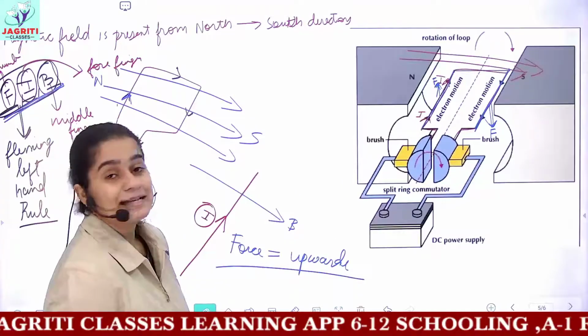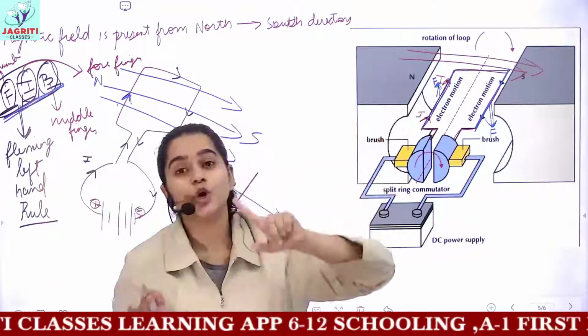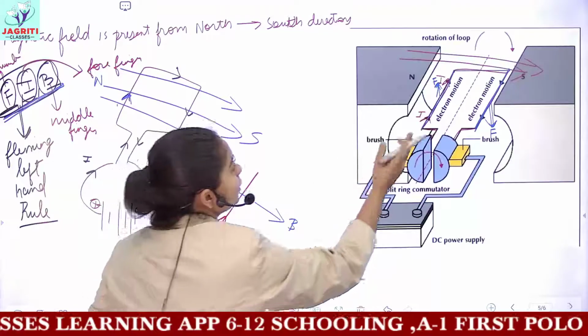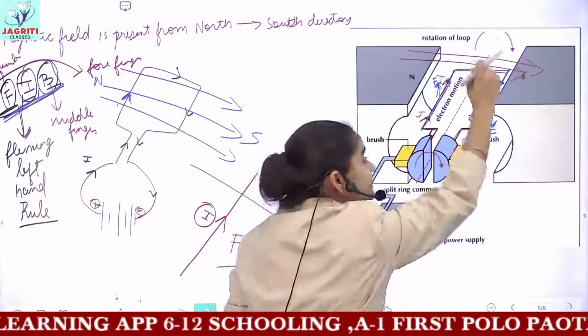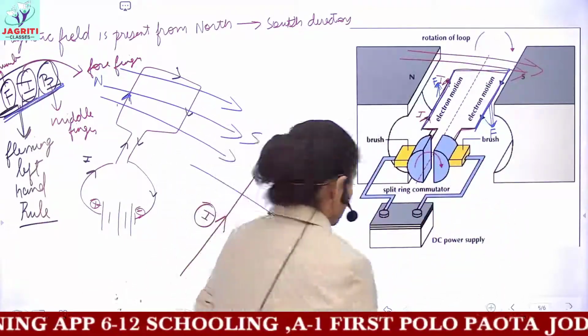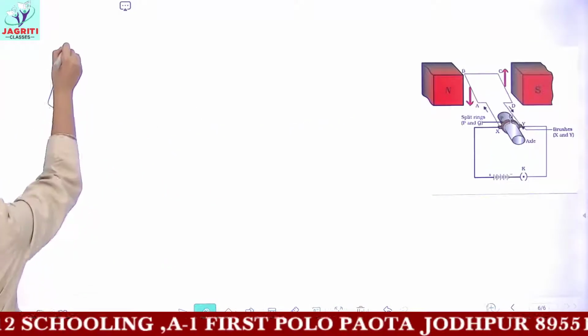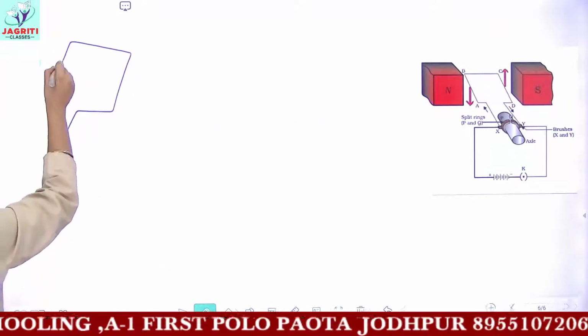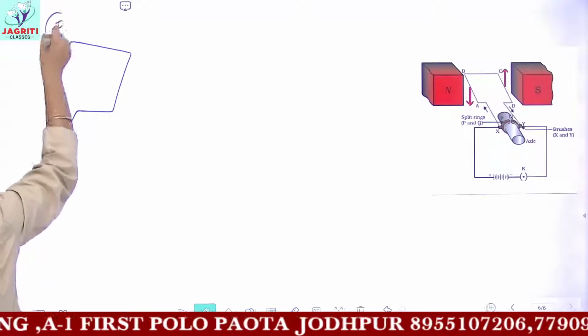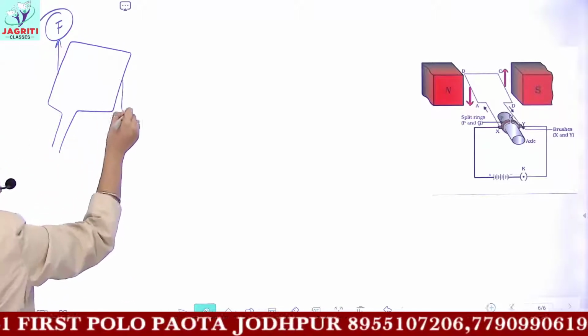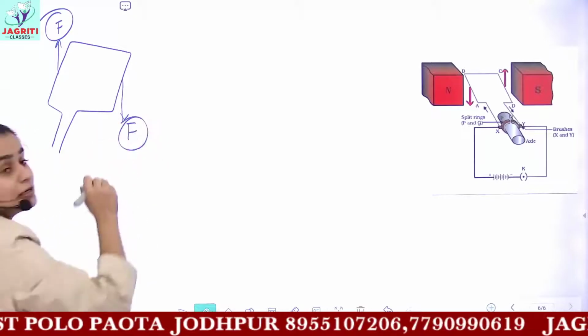But what happens is, the direction of force is not changing. From one side, the coil is moving up, from the other side, it is moving down. But in the next condition, if we observe that this was our coil, here the direction of force was upwards, on this side the direction of force was downwards.